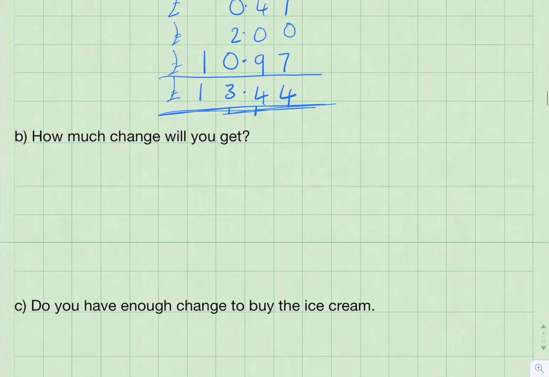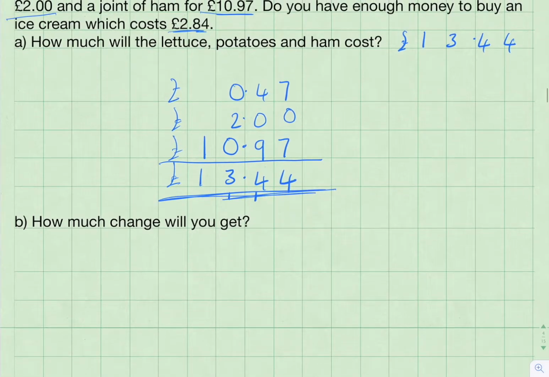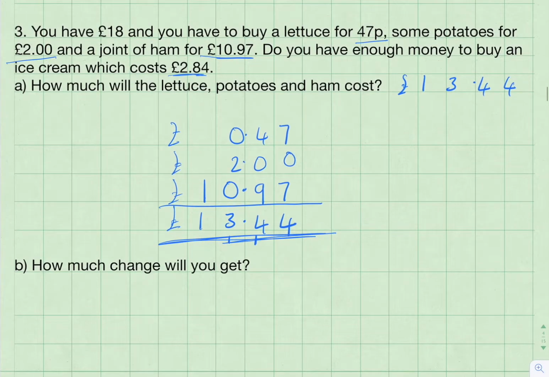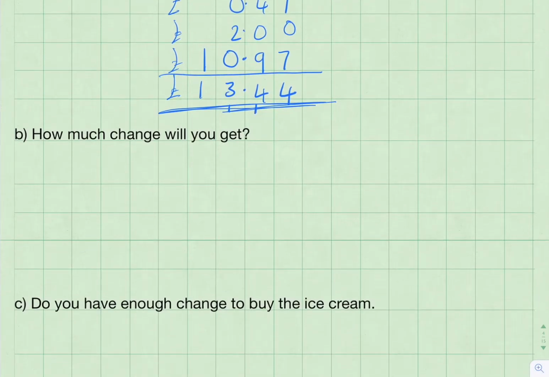And the next bit is how much change will you get? So we had £18. So £18 minus what we spent on the ham, lettuce and the potatoes, minus £13.44.